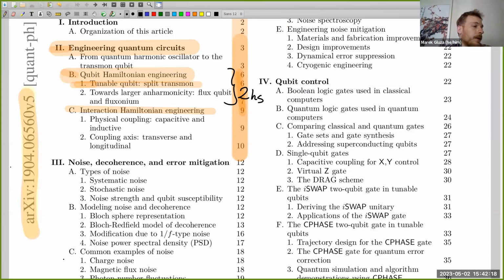Should be fine. Yeah, so if you're reading for the first time, this is already one session. It's a good session because if you read this, for the rest of your life you will know how this transmon technology works. So this is a lot of physics knowledge that you get.